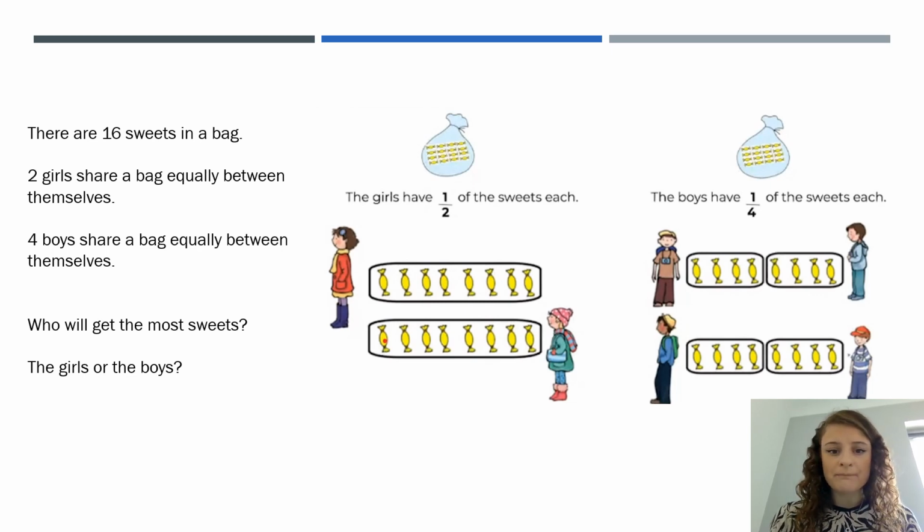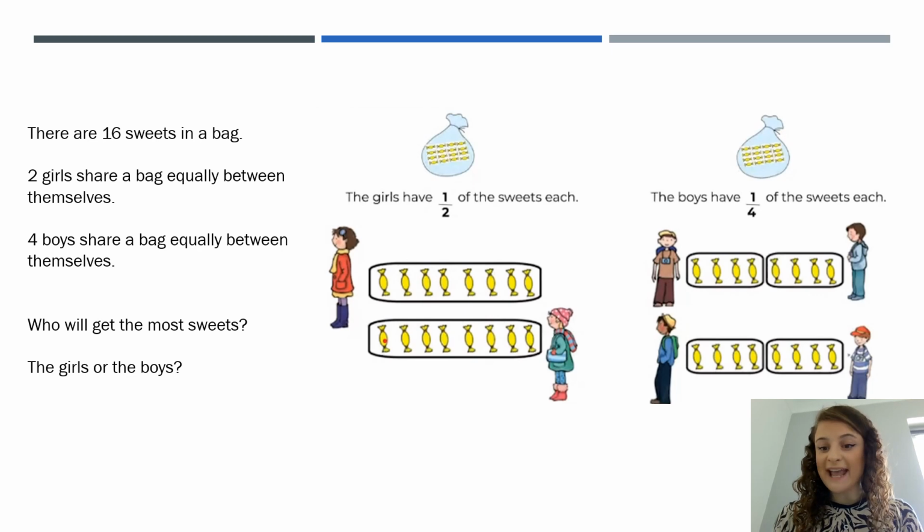So on the screen there is a little picture. Here are the sweets and here are the girls. We have looked and realised that we are splitting the sweets in half into 2 equal groups. We can see that 16 split into 2 equal groups gives us the answer of 8.